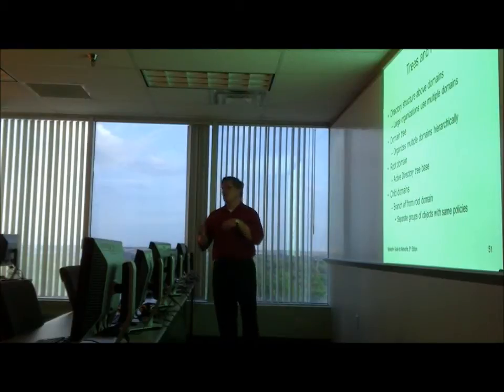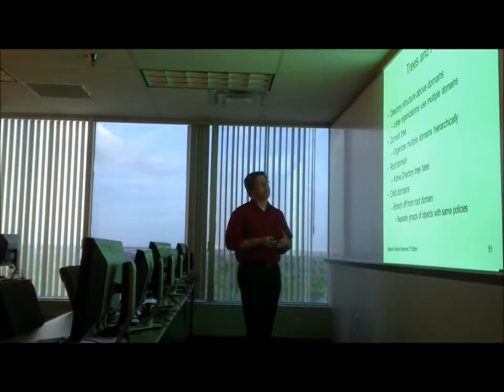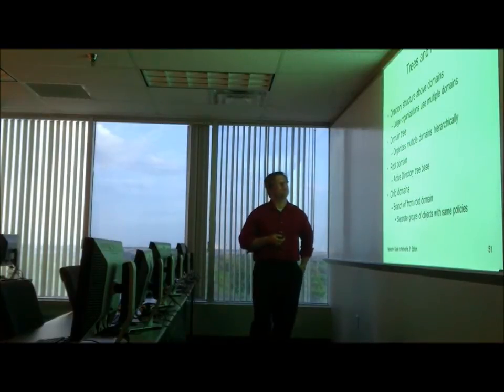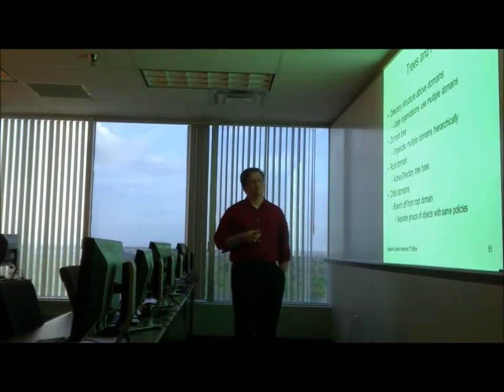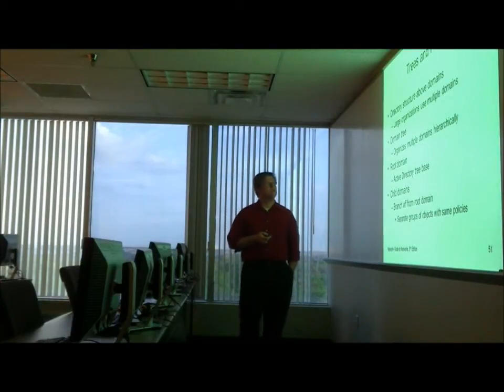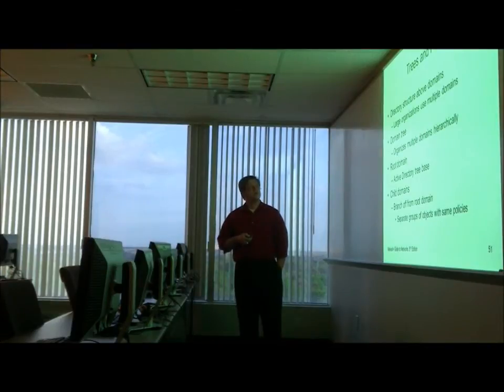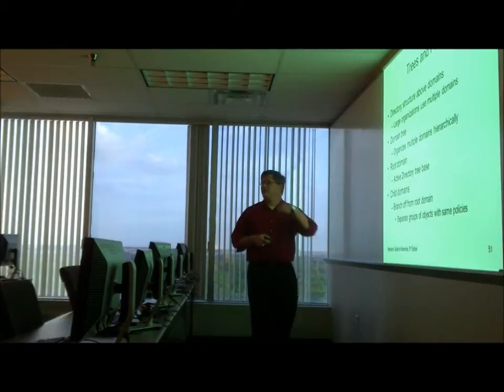We can start to group all of our various domains and OUs together into a tree or forest-like structure. It's a directory structure above domains. Large organizations will use multiple domains, kind of like what we were just talking about with the university example. A domain tree organizes multiple domains hierarchically, with the root domain at the very top.